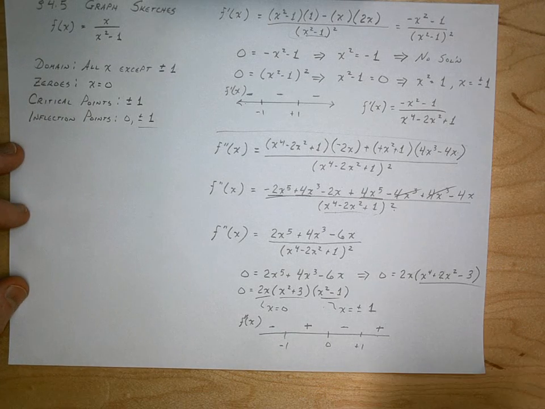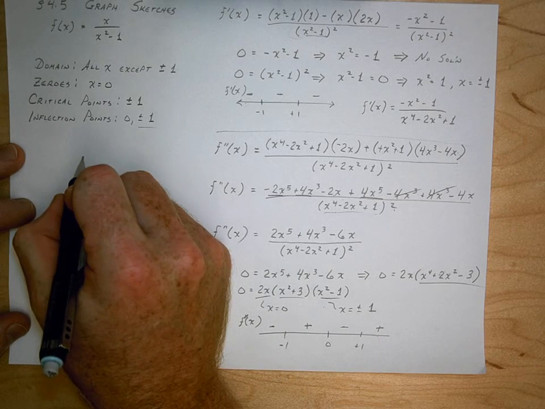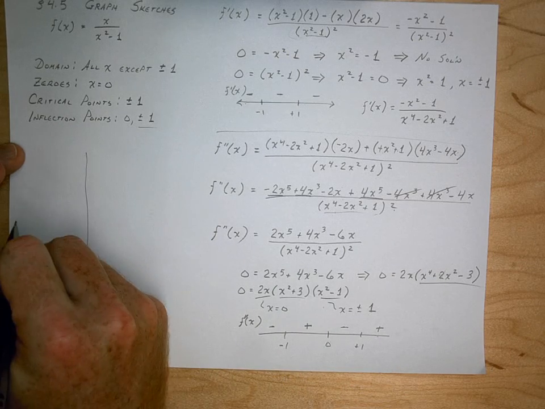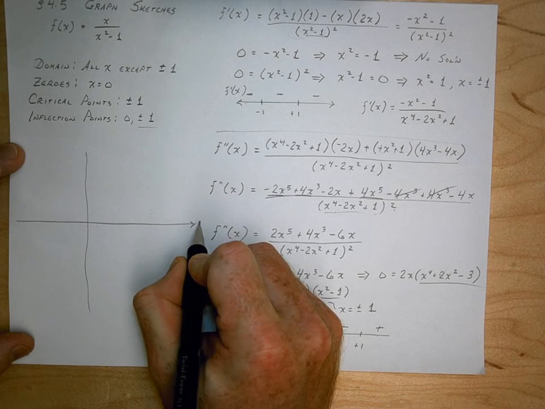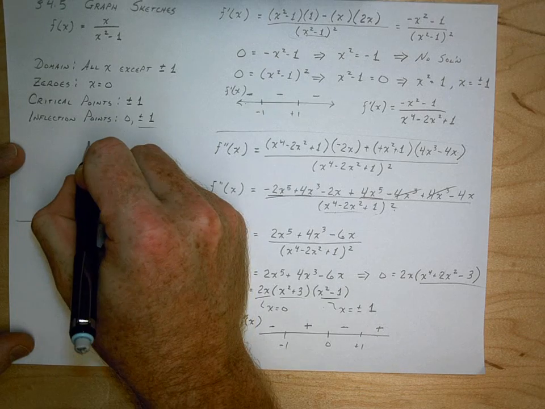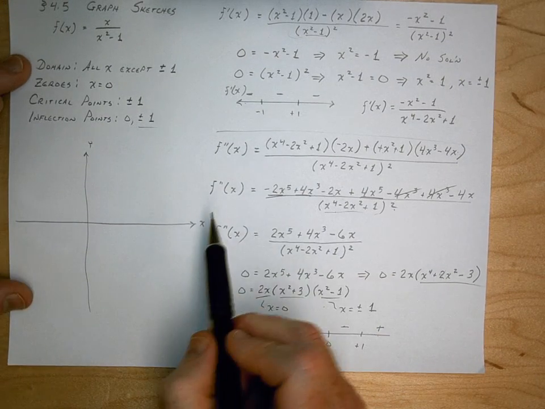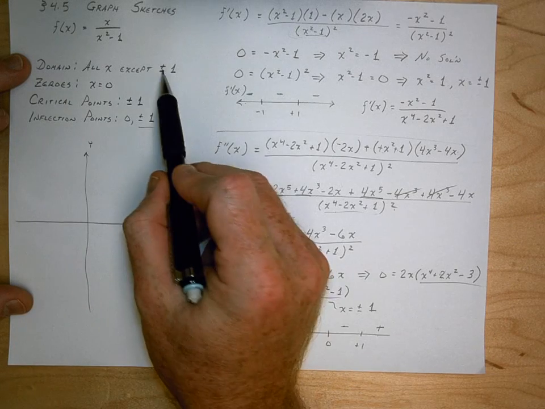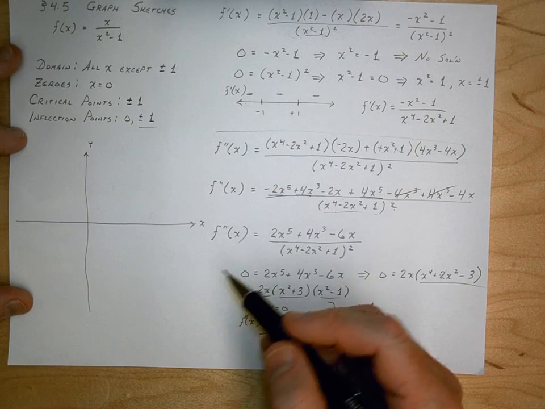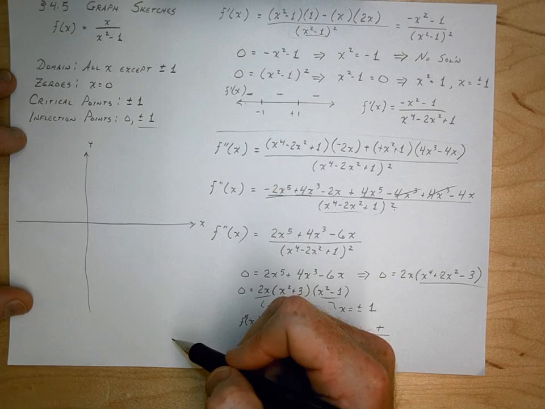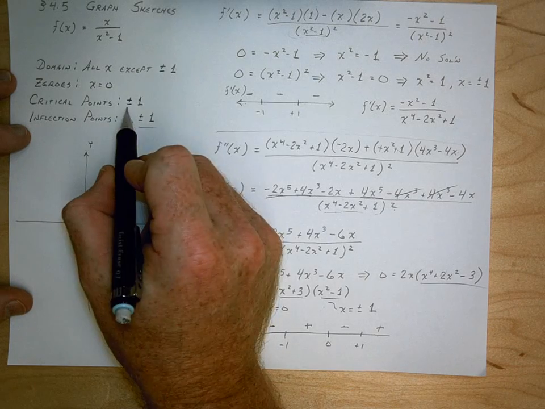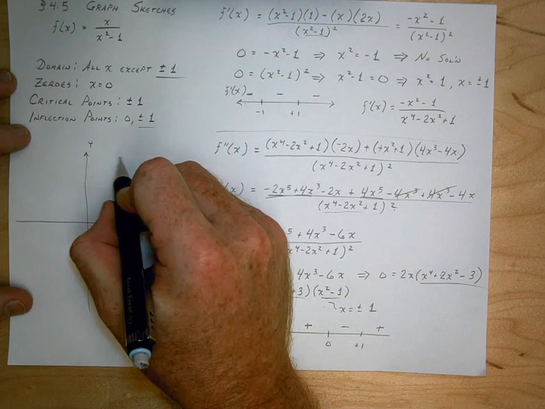Okay, let's talk about how to tie all this information together. So my domain, this function covers all x values except positive 1 and negative 1. So there are places on the x-axis where this function will never cross those values.